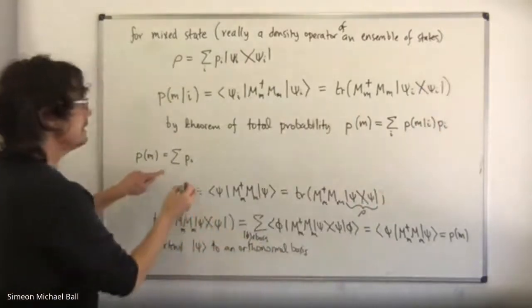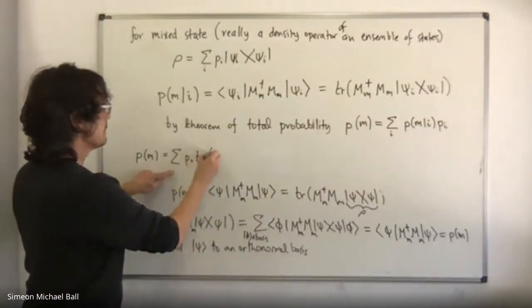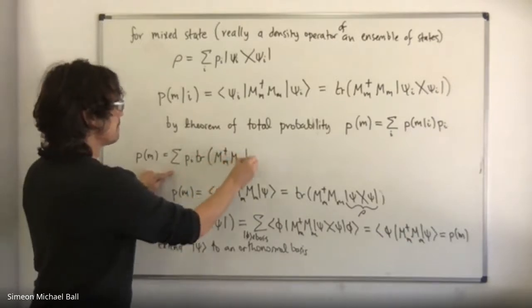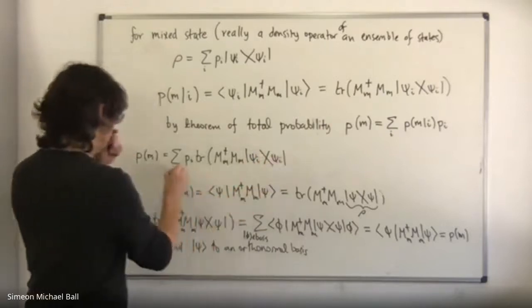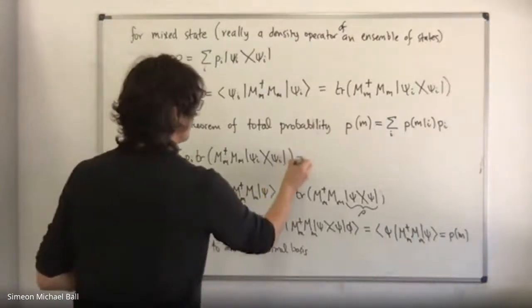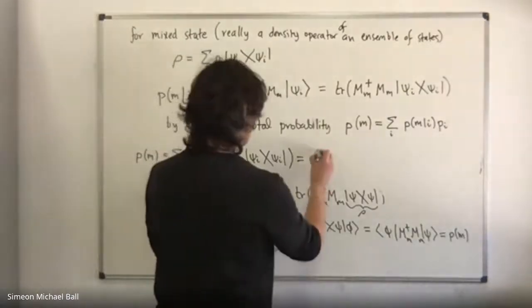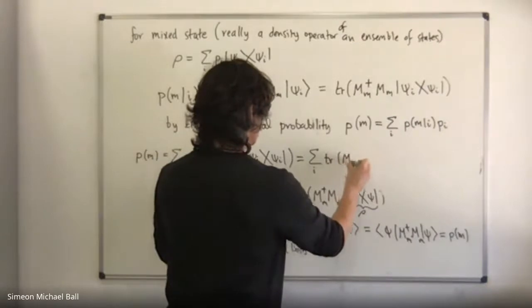So what I have here is the sum of p_i times the trace.